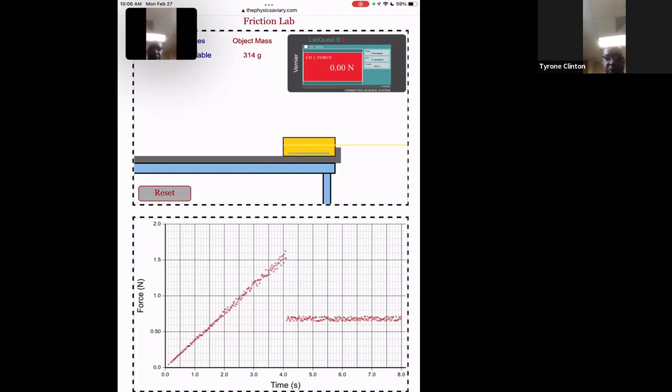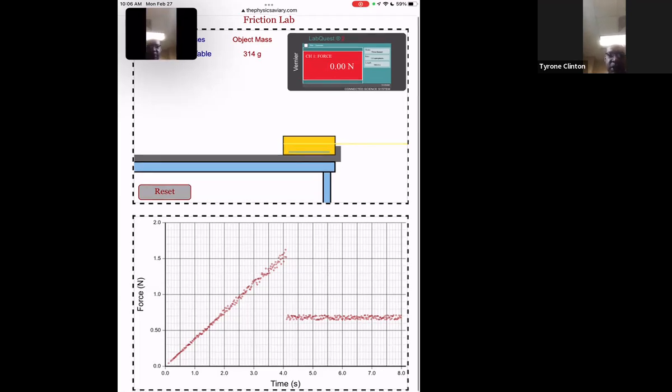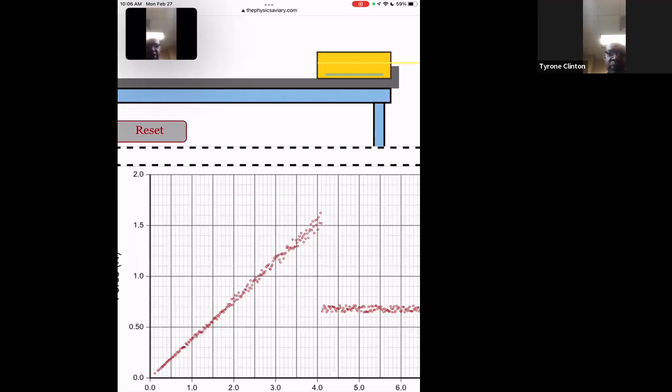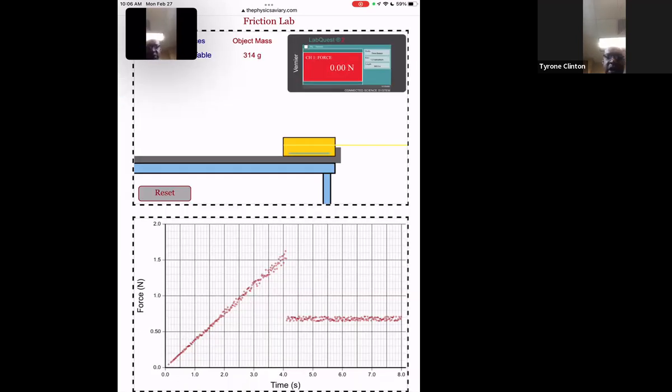So up to the point where the object reaches its max force, what you can see there is a little bit more than 1.6 newtons.